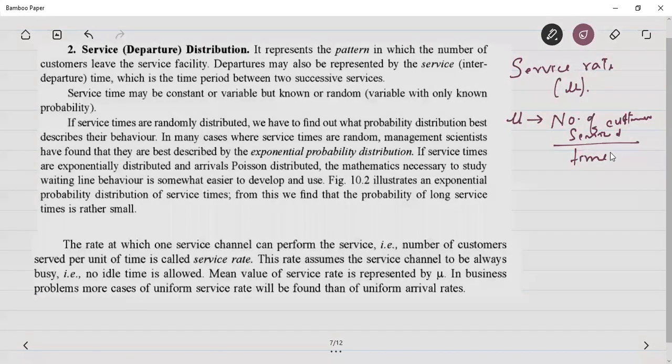As we saw, the arrival pattern follows the Poisson distribution.